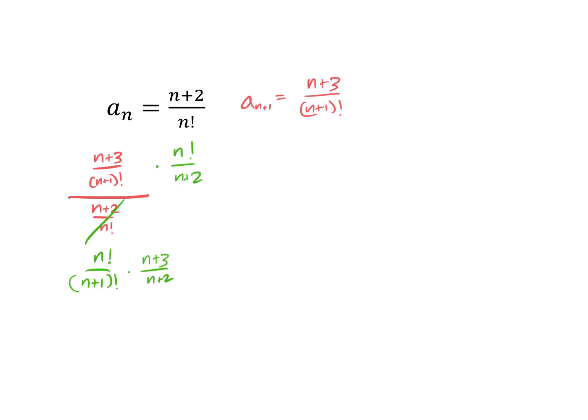Why is that easier? What can I do about n factorial over n plus 1 factorial? Yeah, the factorials basically could cancel, like we did it backwards 2 seconds ago. Okay, so now I have n plus 3 over n plus 1 times n plus 2.